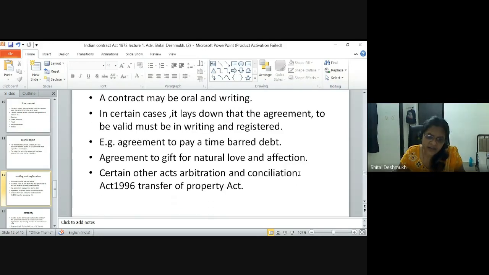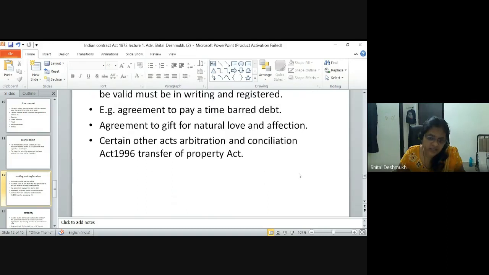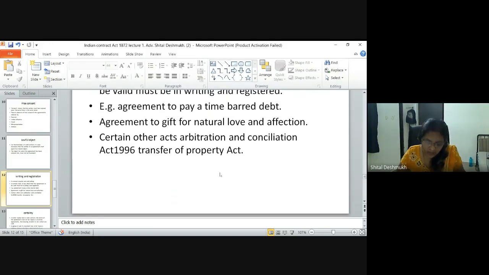Certain other acts also require this, such as the Arbitration and Conciliation Act and the Transfer of Property Act. These are related to those acts, so the agreement must be registered and in writing.